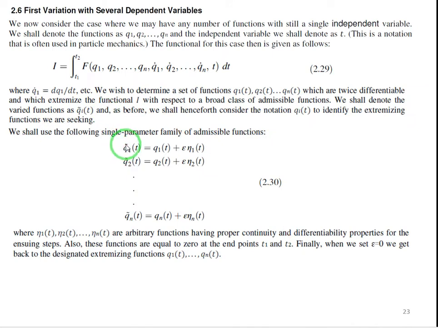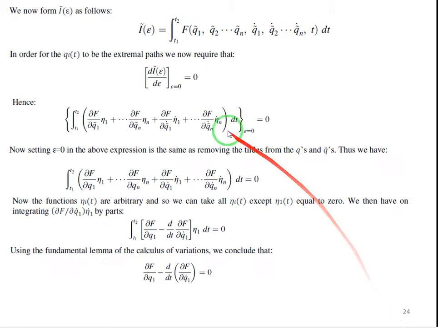The derivative of q tilde 1 with respect to epsilon is equal to eta 1, and we can do the same for the other n functions.